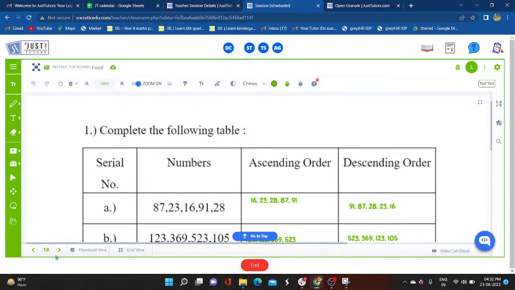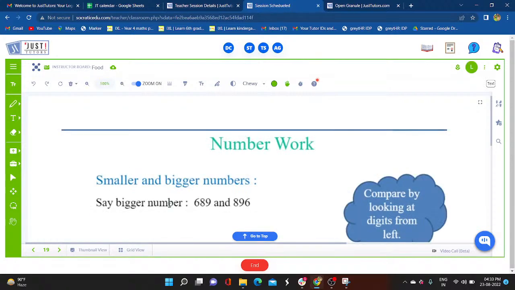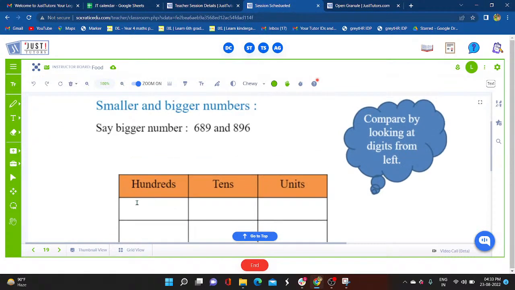If we try writing these numbers over here, now first number is 689.